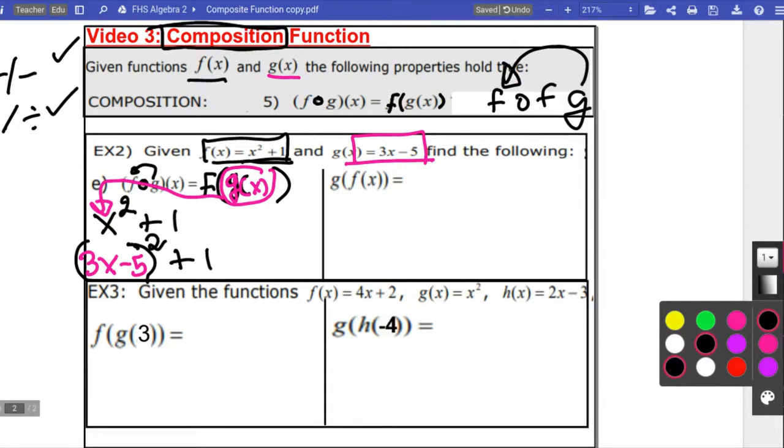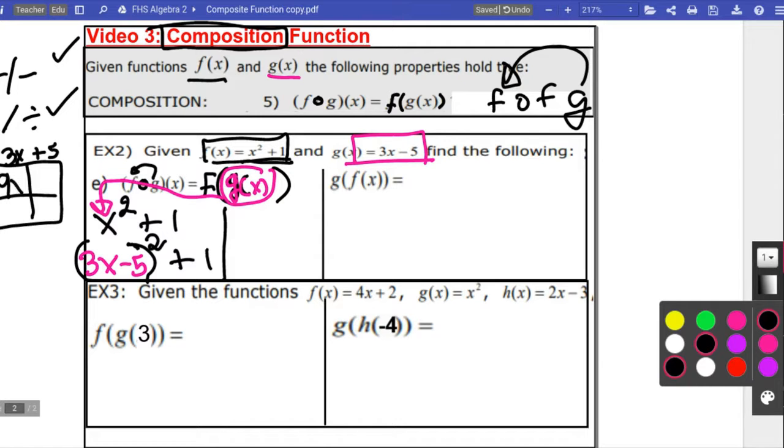All right, so let's continue our work. It looks like what we can do is simplify this. I can do the box for that: 3x plus 5 times 3x plus 5, because of this square, I have to do it twice.